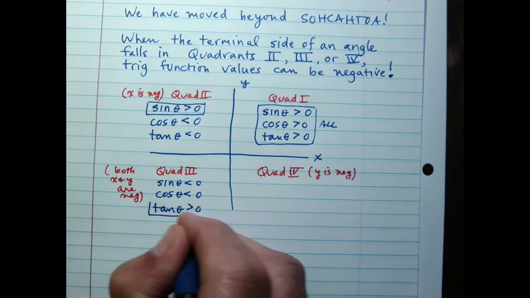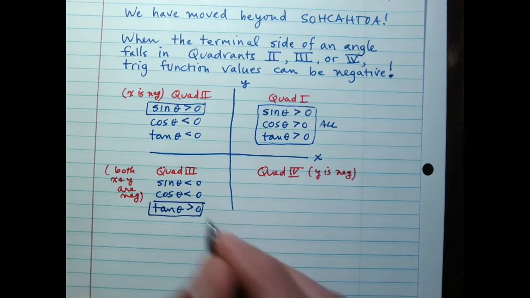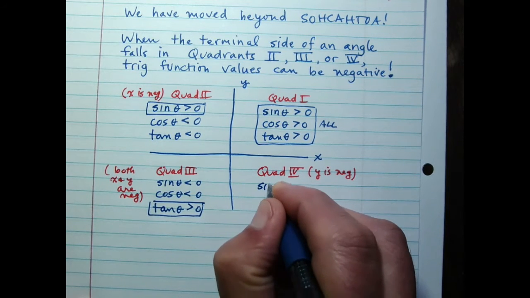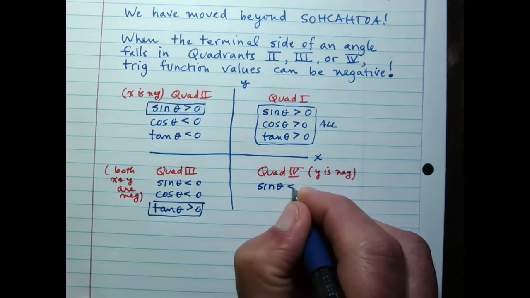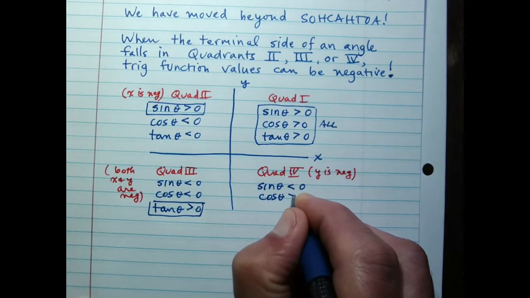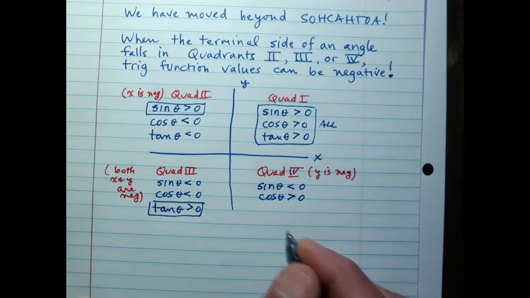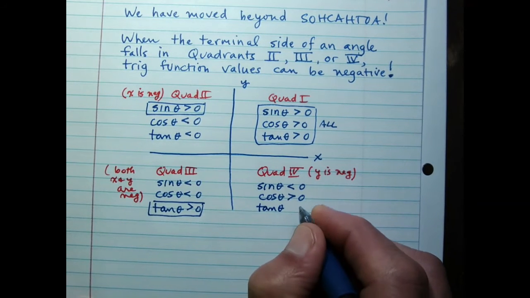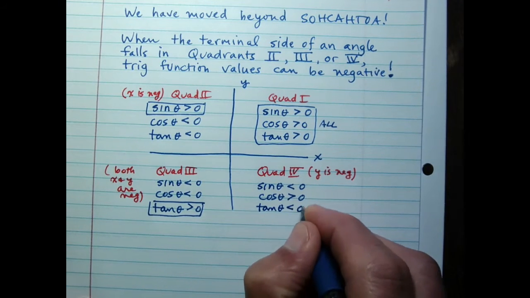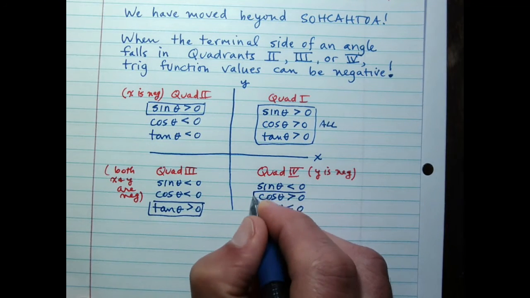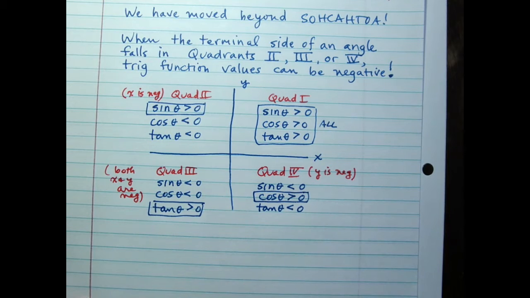So tangent turns out to be positive while sine and cosine are negative in quadrant 3. In quadrant 4, y is negative, so sine theta is negative. Cosine theta will be positive because the x-coordinates there are positive. And tangent of an angle with terminal side in quadrant 4 will be negative because sine divided by cosine again will come out negative. So of these three functions, only cosine is positive in quadrant 4.